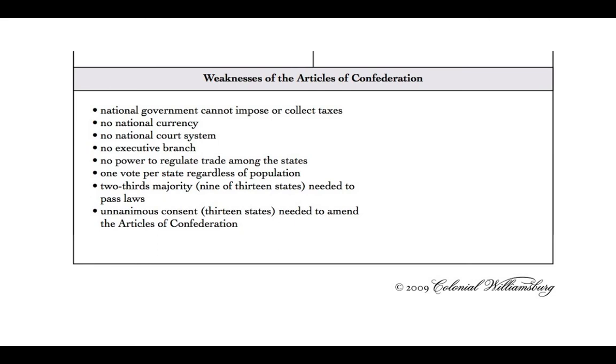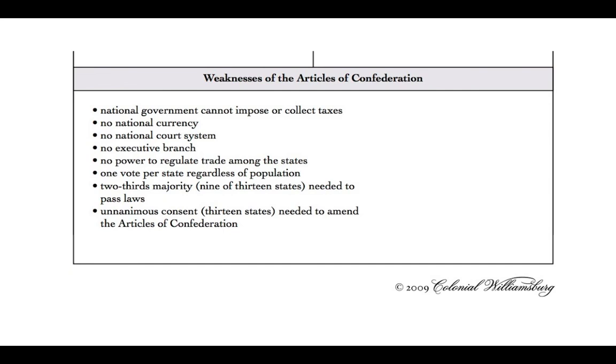There was no national court system. There was no executive branch. There was no power to regulate trade among the states. Each state only received 1 vote, regardless of how large the state was, which is not equitable and doesn't give each state proper representation. 9 of the 13 states, a 2/3 majority, were required to pass a law.